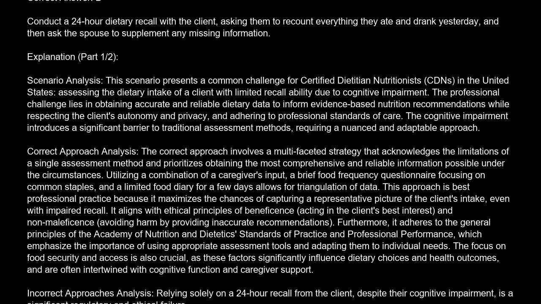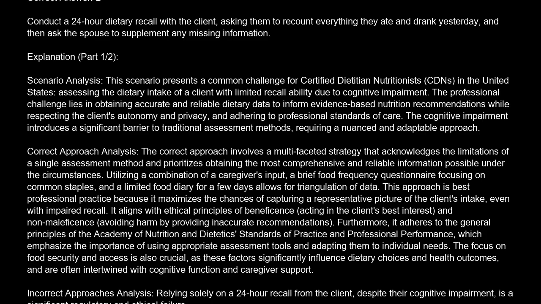Correct approach analysis. The correct approach involves a multifaceted strategy that acknowledges the limitations of a single assessment method and prioritizes obtaining the most comprehensive and reliable information possible under the circumstances. Utilizing a combination of a caregiver's input, a brief food frequency questionnaire focusing on common staples, and a limited food diary for a few days allows for triangulation of data.